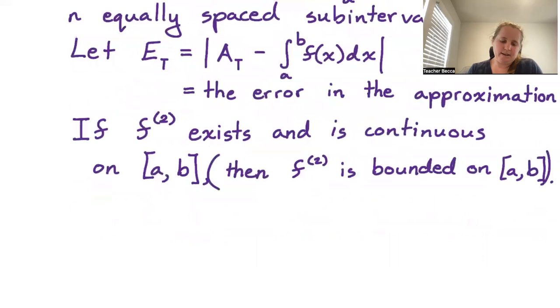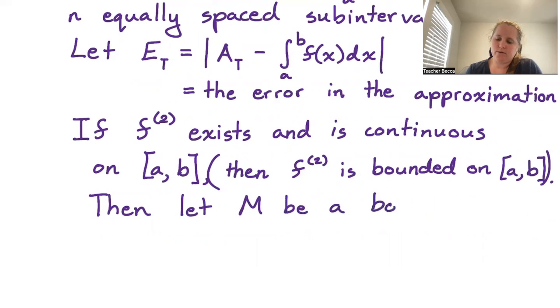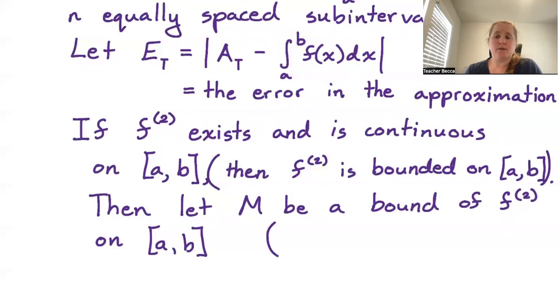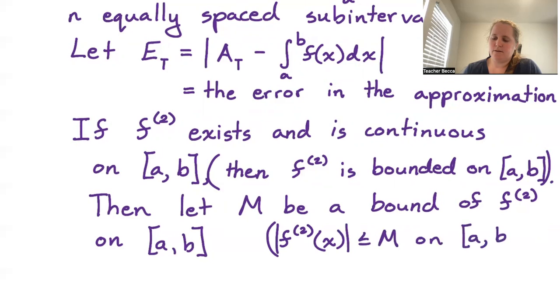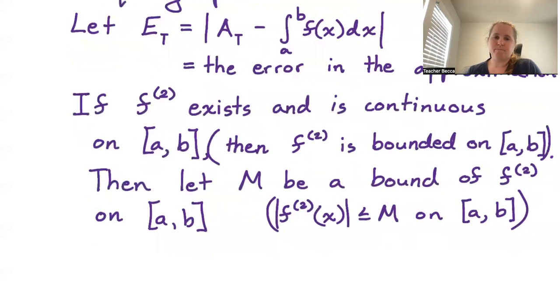let M be a bound of the second derivative on [a, b]. In other words, the absolute value of the second derivative is less than or equal to M on [a, b]. By the boundedness theorem, if a function is continuous on a closed interval, it must be bounded.